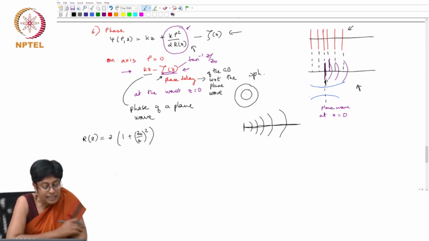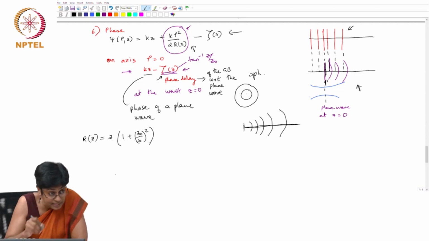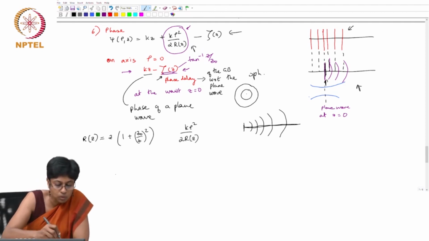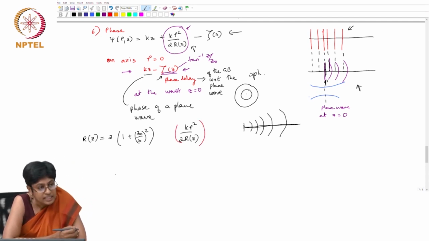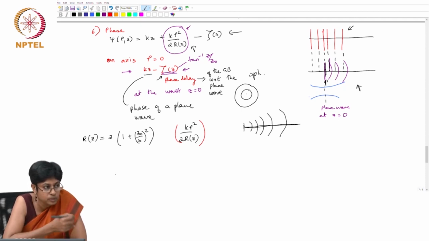Now it appears in the phase argument as part of this term. And if I wanted to understand this term, I really need to look at it a little closer and see it is rather similar to the phase change that I would get if I had a spherical wave.